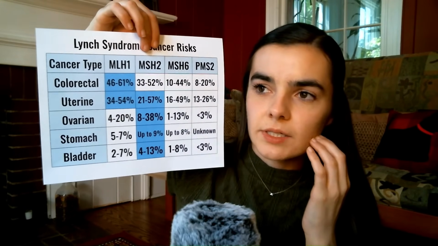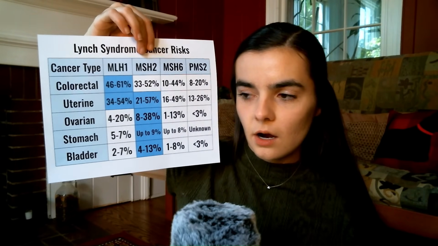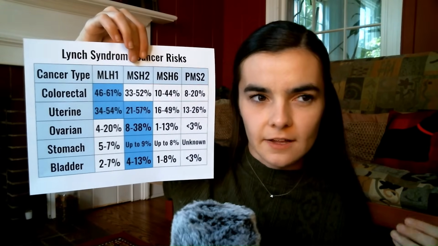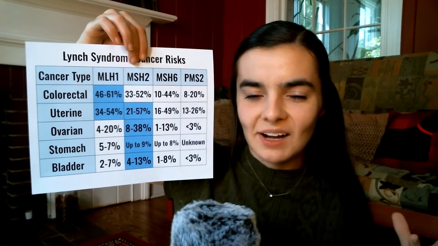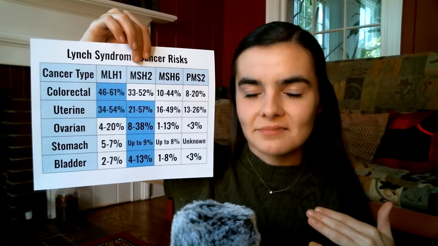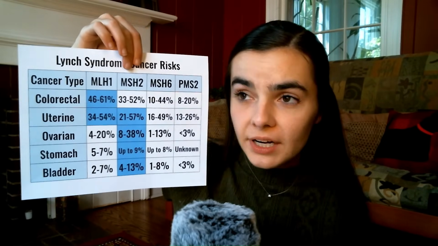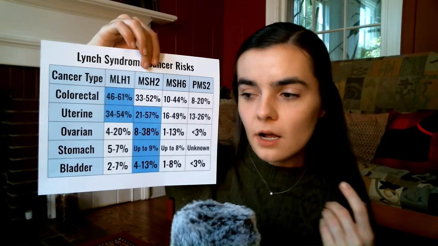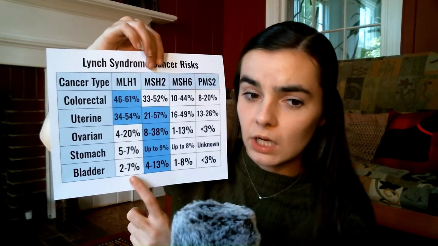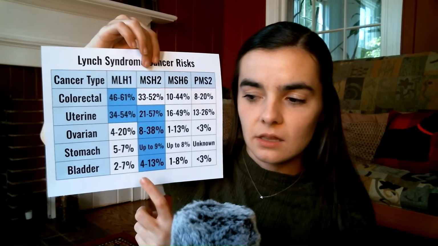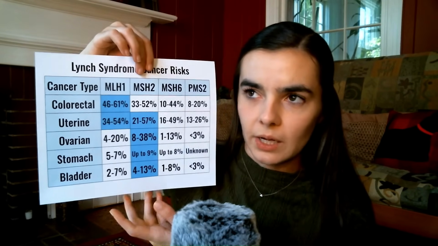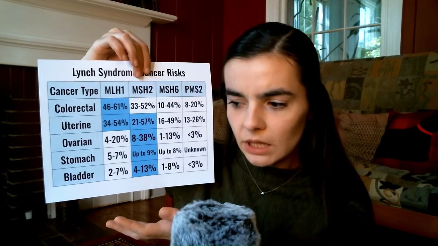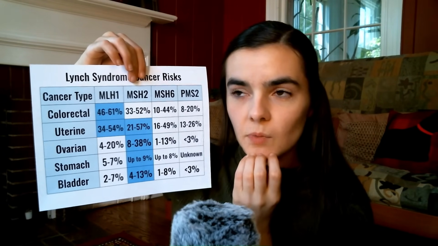There is also a risk of other parts of the urinary tract, like the renal pelvis and the ureters. There's a potential risk of pancreatic cancer. I think it's MLH1 that has the real risk of pancreatic cancer, up to 6% or something.